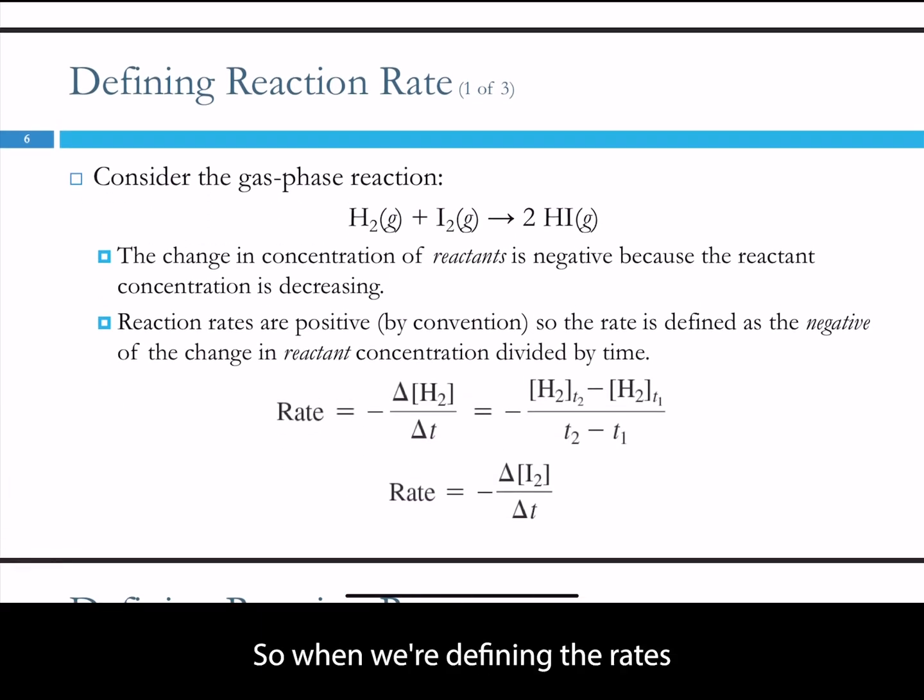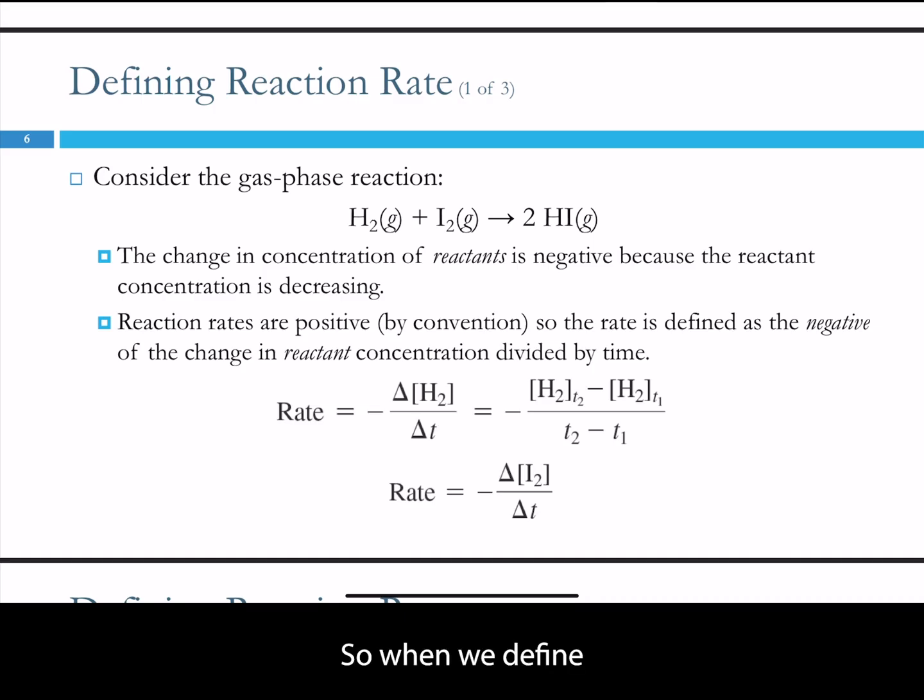So when we're defining the rates of a reaction, in my mind, chemical reactions have always been almost like a series of gears, these things that are linked together. And if I want to turn one thing, convert one of my reactants into products, I have to also convert the other reactant into products. And then I have to also generate all of the products, right? So all of these things move together. If I use reactants, I'm making products.